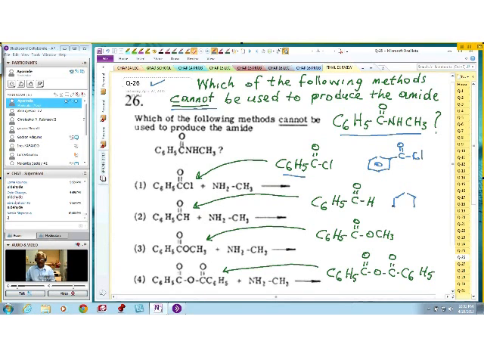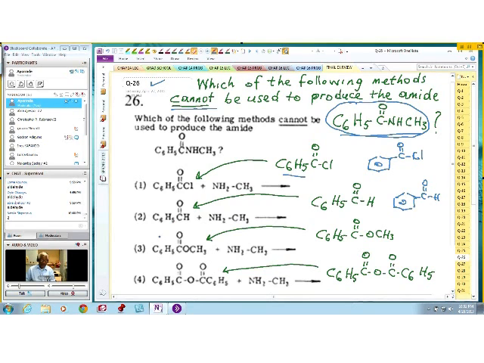Now, the question is which of these methods cannot be used to produce this compound here? Anybody has an idea? This is a secondary amide. Somebody say number 2.